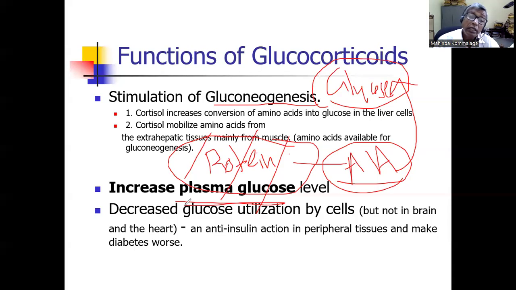Therefore it decreases glucose utilization by the other cells, not brain cells. So for the action of cortisol, remember three things: break protein, use amino acid, and produce glucose, and therefore it increases the glucose level.